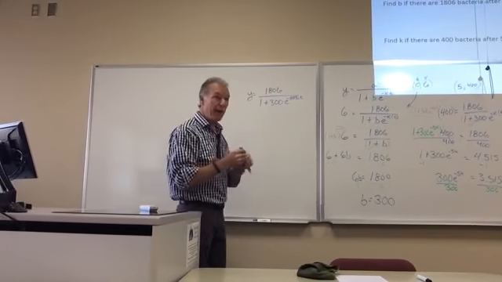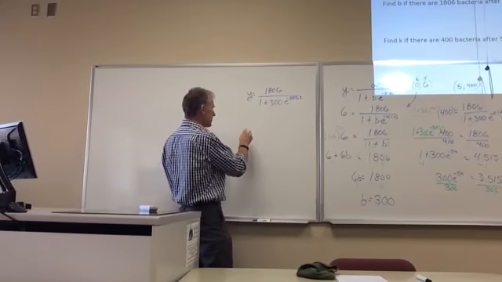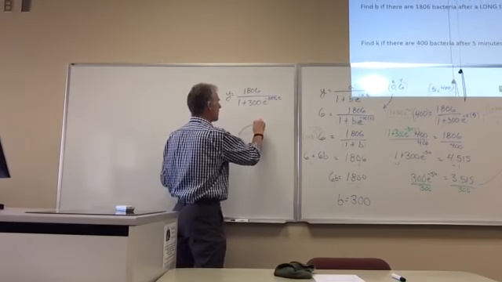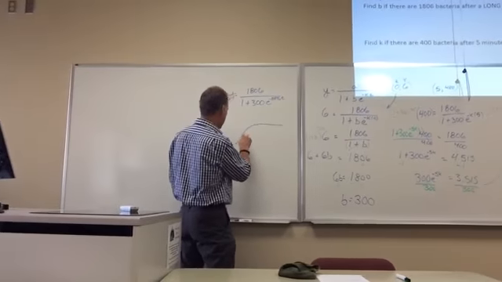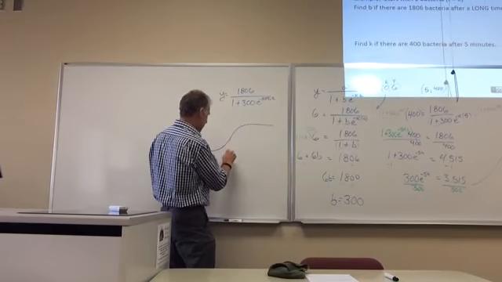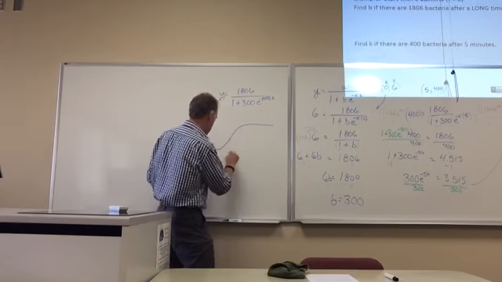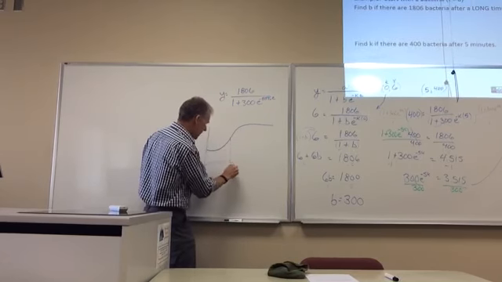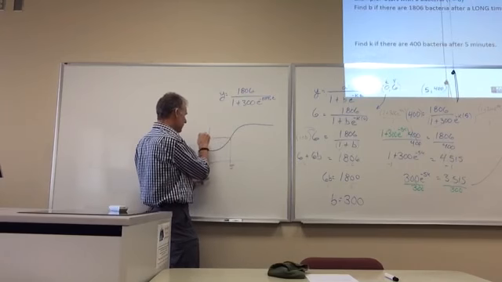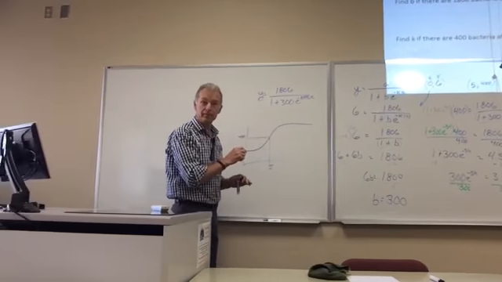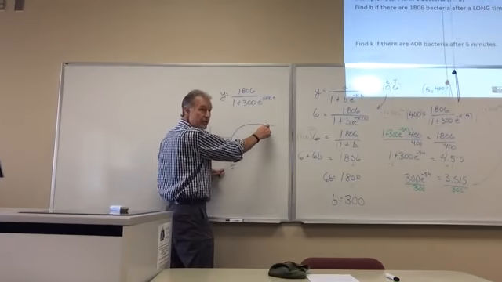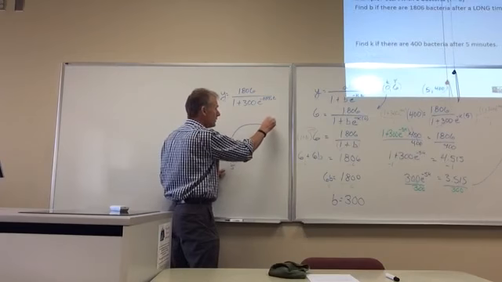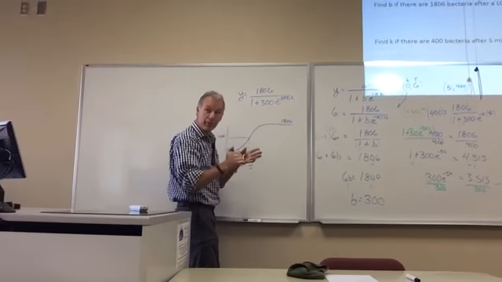So what we believe will happen is we should be able to graph this, and we should be able to get this shape right here. In fact, you should be able to go back and look and say, okay, right here at 5 minutes, we should be able to see that we have 400 bacteria, right? And then we should be able to go out here for a long ways, and we should see it's flat at 1806, right? So that's what we think we've done.